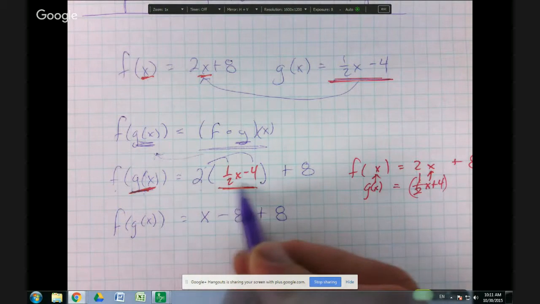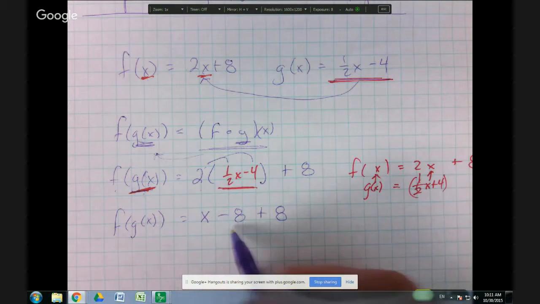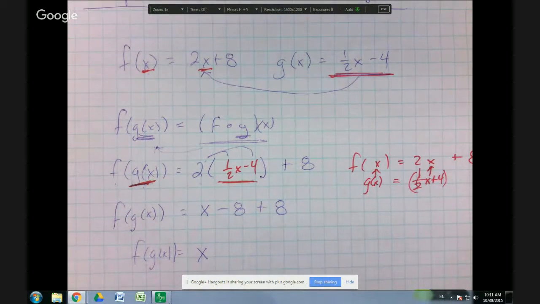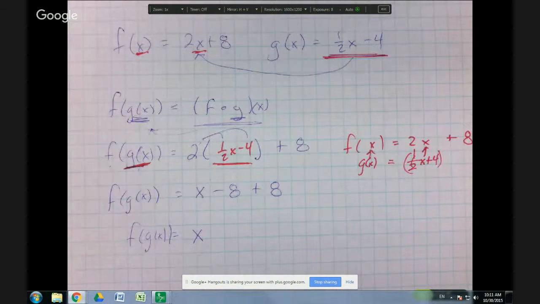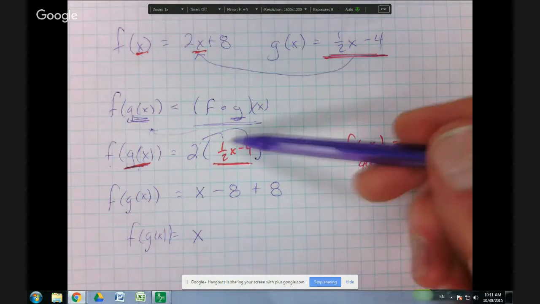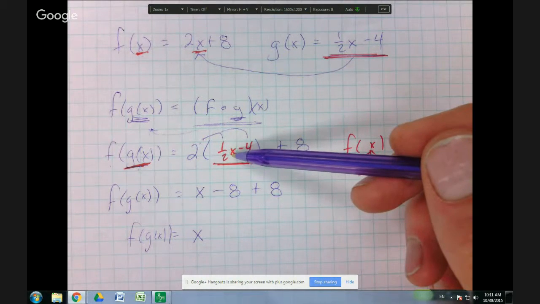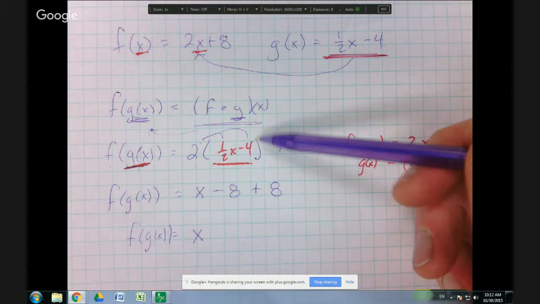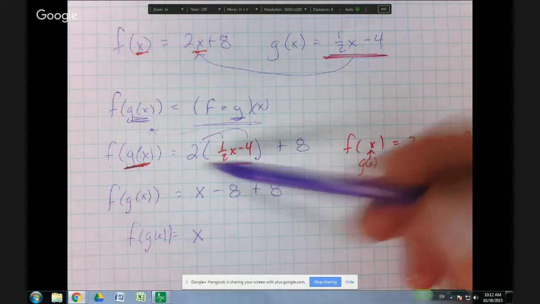So that you distribute it. Explain your distribution. What's 2 times 1/2? And then 2 times -4? Got it. Okay.